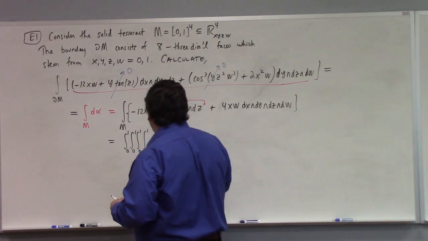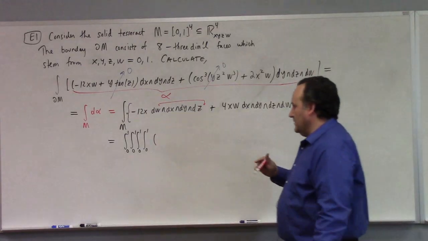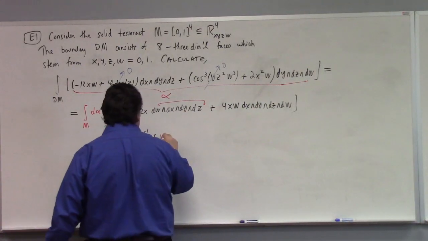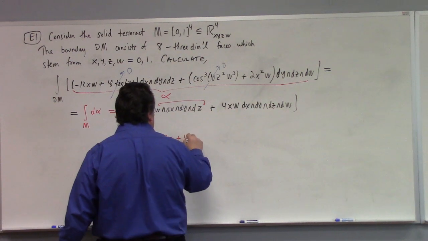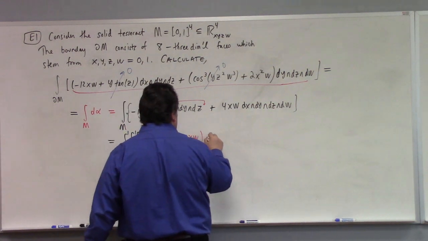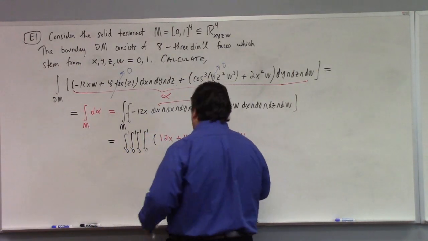I think it's just positive. That's a three-fer, so that minus becomes a plus. So we have the integral, 0 to 1, 0 to 1, 0 to 1, 0 to 1, of 12x plus 4xw dx dy dz dw.